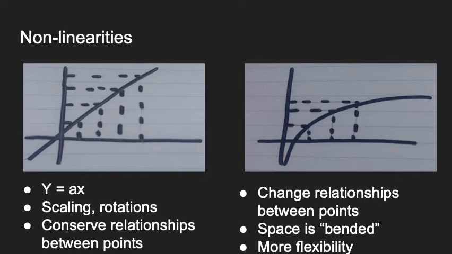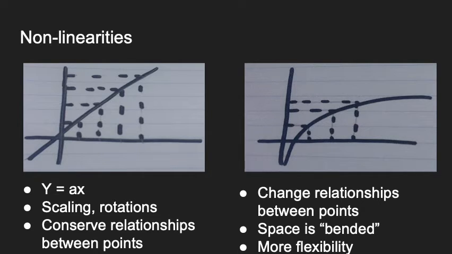There are things like scaling, rotation, etc. You can see that on the cartoon on the left. The relationship between the points doesn't change. If you divide any y by any x, you always get a. So that basic relationship never changes.